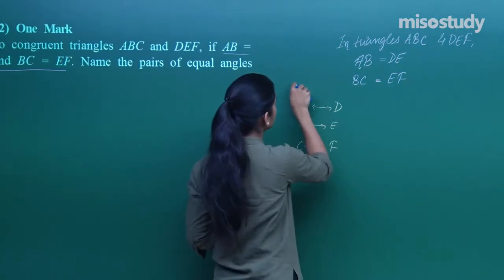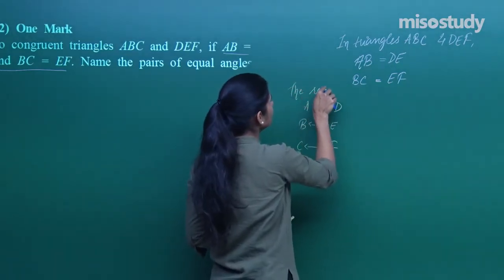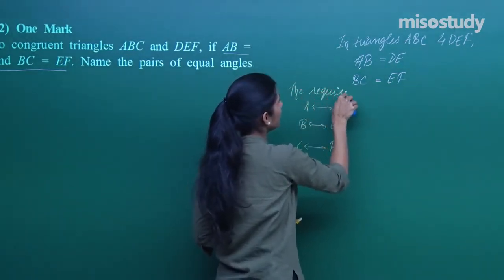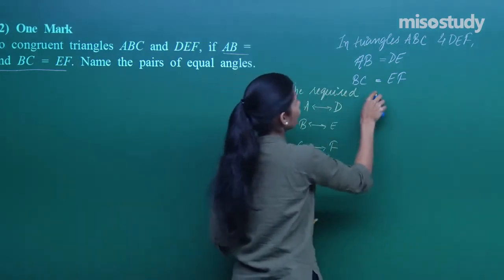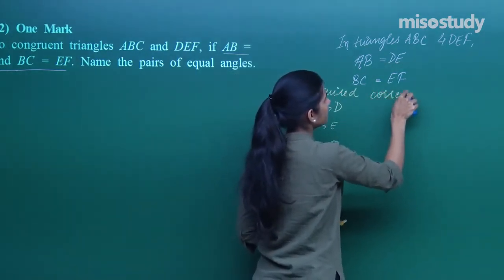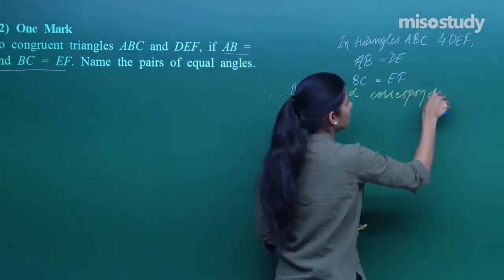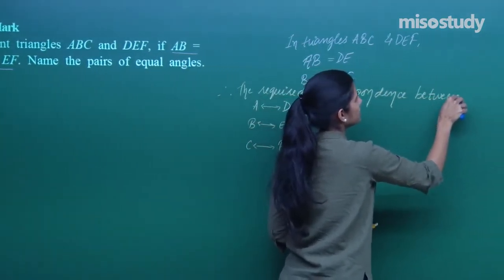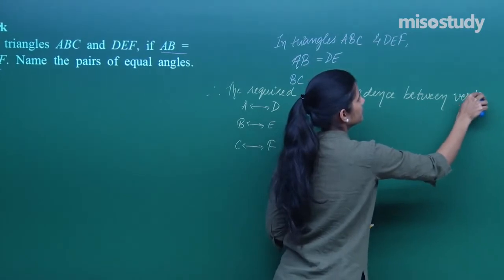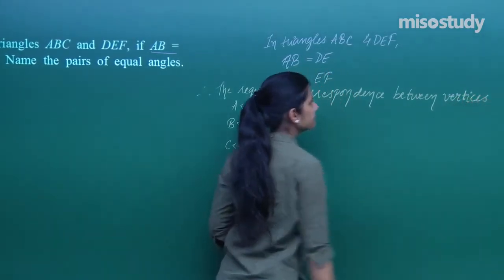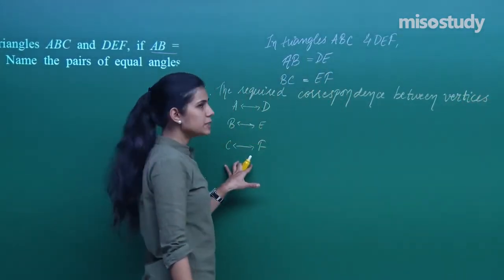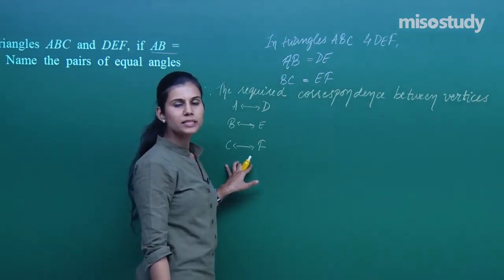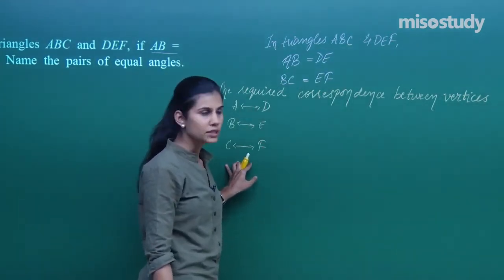This is the required correspondence between vertices of the two triangles. This is the correspondence between the vertices of the two triangles based upon which they are coming out to be congruent. Okay?